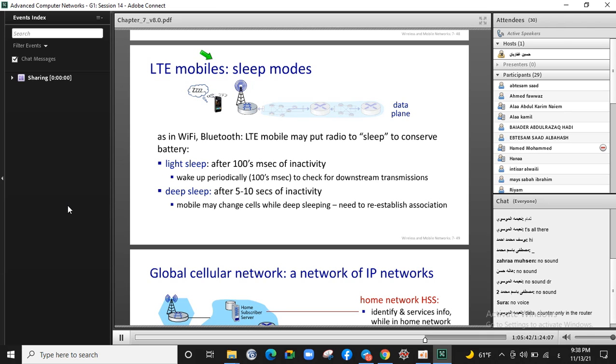We talked about sleep mode in Wi-Fi and Bluetooth in past lectures, and we said that because my device uses a battery for these tasks, I should care about the level of that battery.